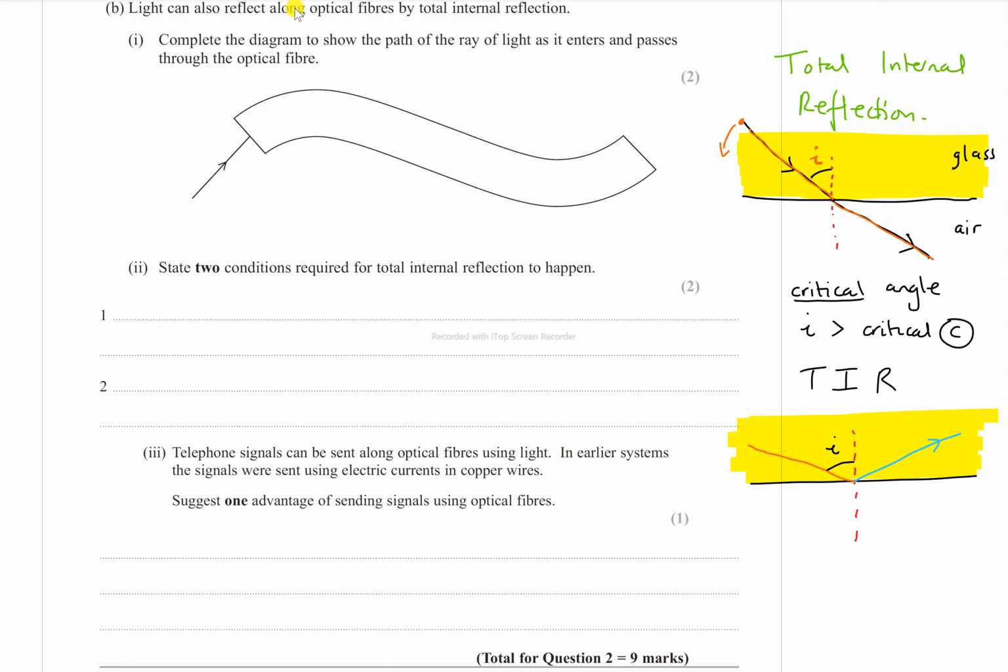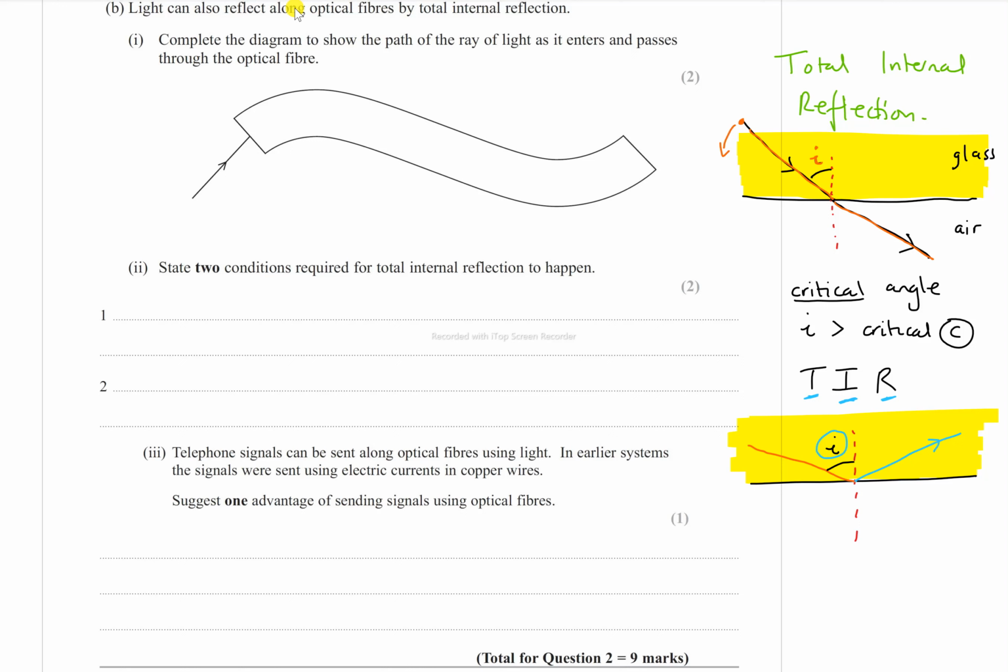It's going to be reflected internally, totally internally reflected. That's when the angle of incidence is greater than or equal to the critical angle. You get total internal reflection.